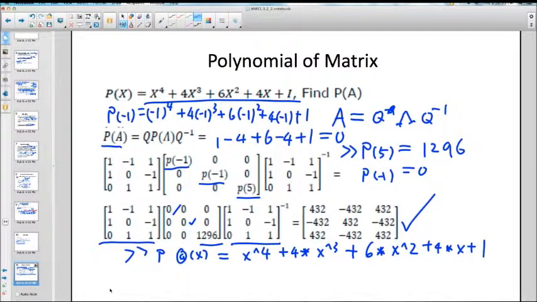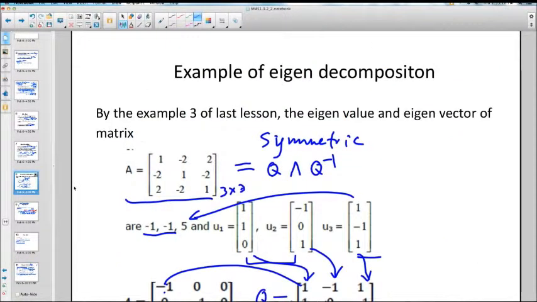Then what you need to do is declare the A first, equal to the matrix you have. What is the matrix for A? Oh, here you go. We declare A equals 1, -2, 2, -2, 1, 2, -2, 1. What's next?